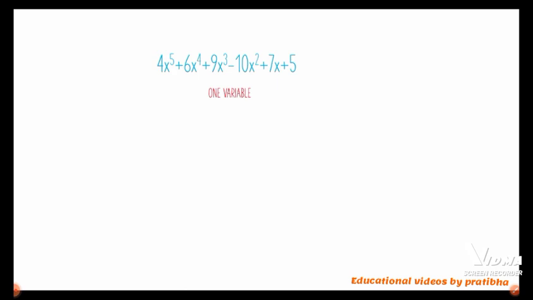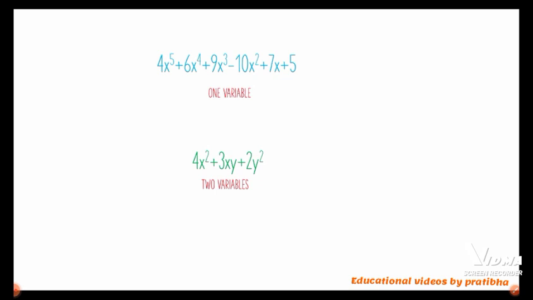Now this is one algebraic expression where only one variable is used, that is x. 4x raised to power 5 plus 6x raised to power 4 plus 9x cube minus 10x square plus 7x plus 5. So here only one variable is used. If you look at the second example, here two variables are used, that is x and y. 4x square plus 3xy plus 2y square.